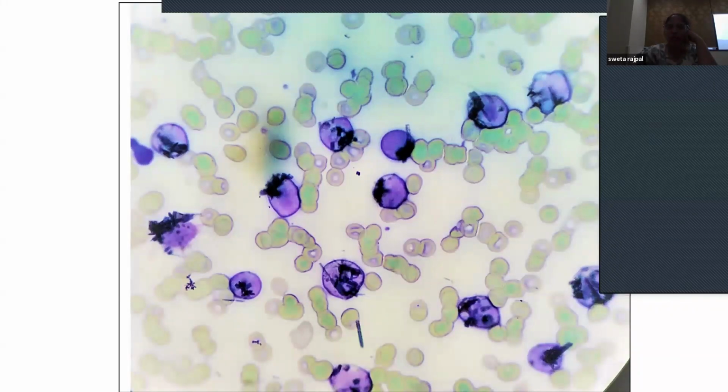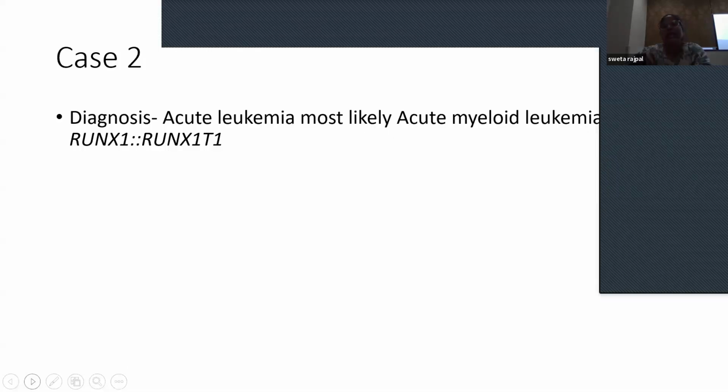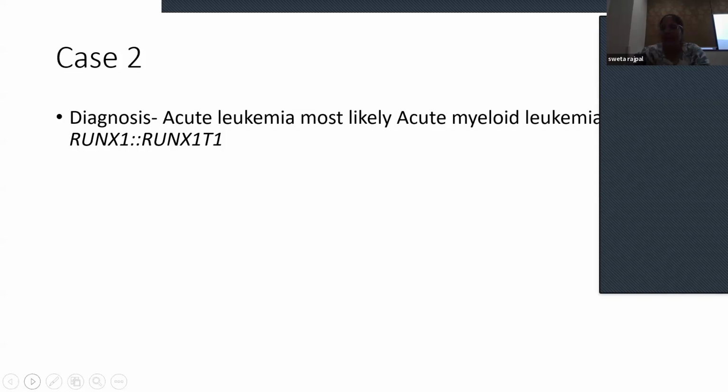But calling it AML at this point is not possible, because we have not ruled out a second component. I mean, if it is a mixed phenotypic acute leukemia, where we are having either a T or B component, that we cannot say. But looking at the morphology where we have long slender Auer rods, we can say that most likely it would be AML with RUNX1::RUNX1T1.